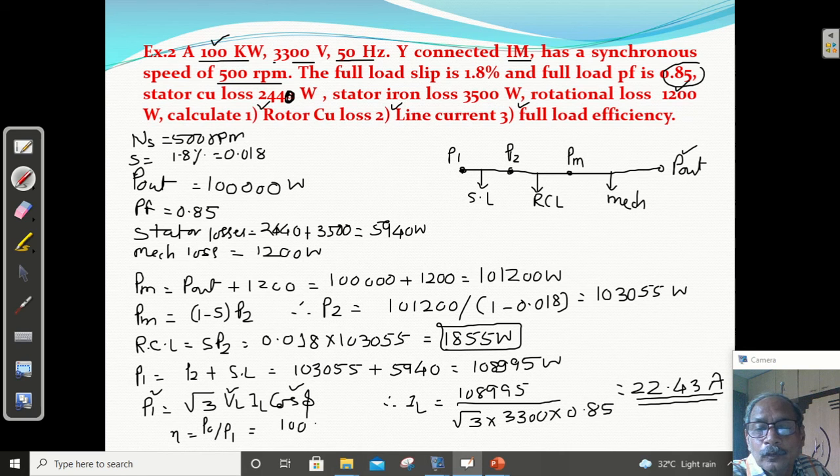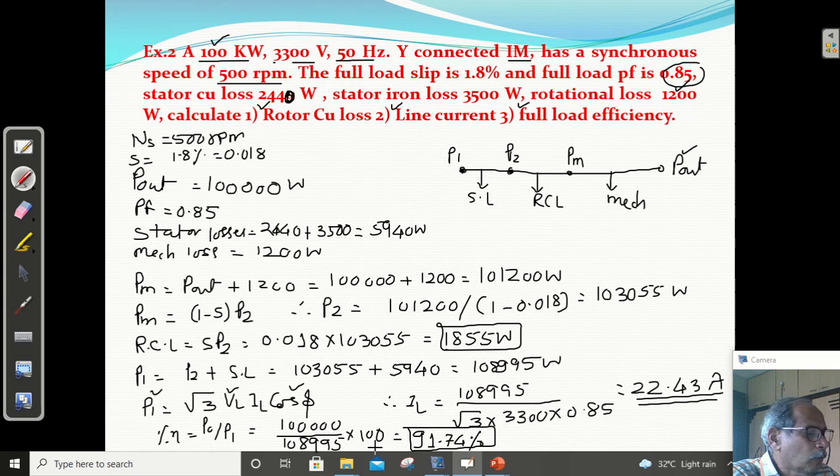So 100 into 1000, that is P out, upon P1, this 108995, into 100 to get percentage efficiency, equal to 91.74. So this is the way of getting the answer.